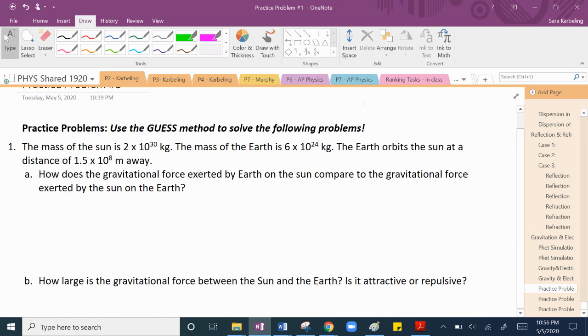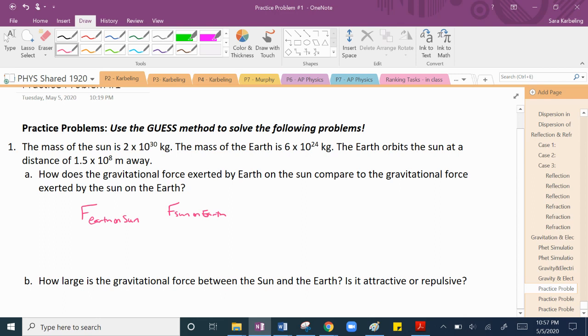Part A says, how does the gravitational force exerted by the Earth on the sun compare to the force exerted by the sun on the Earth? So this is really just a thinker question. The force of the Earth on the sun as compared to the force of the sun on the Earth.